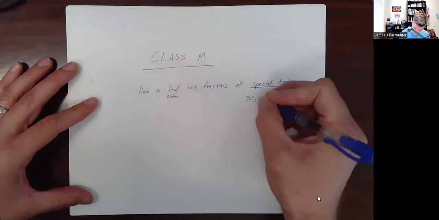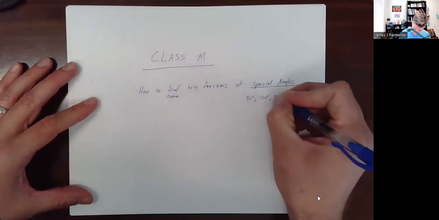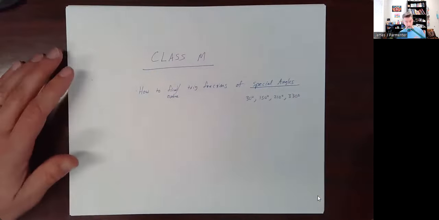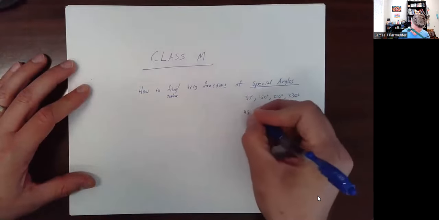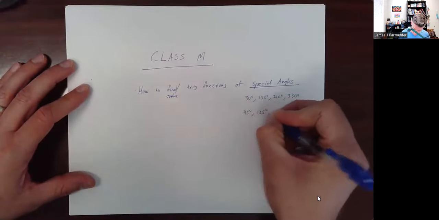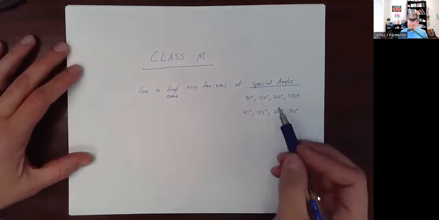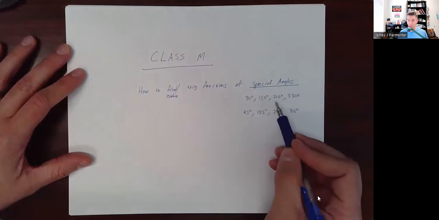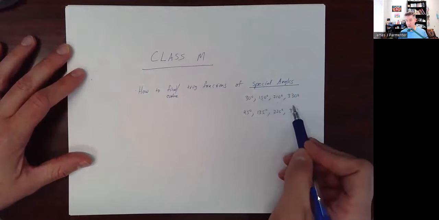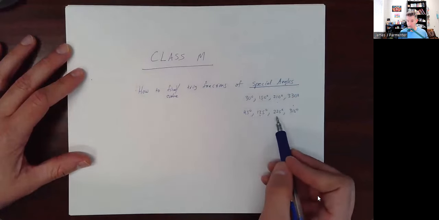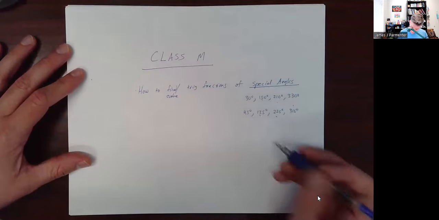30 degrees, 150 degrees, 210 degrees, 330 degrees. Those are all the angles with 30 as reference angle. 45 degrees, 135 degrees, 225 degrees, 315 degrees. All I'm really doing is 180 minus my reference angle, 180 plus my reference angle, 360 minus my reference angle. 180 minus 45, 180 plus 45, 360 minus 45.